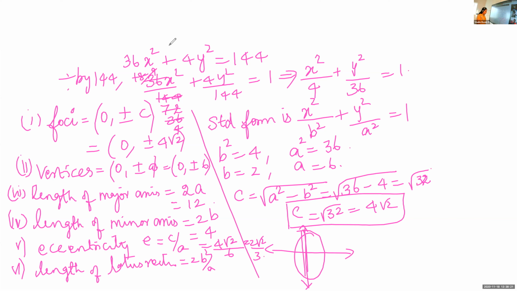What is the answer, Gauri? 4 by 3. So 2 into b square, which is 2 into 4, by a. a is 6. Okay, so it is 4 by 3.